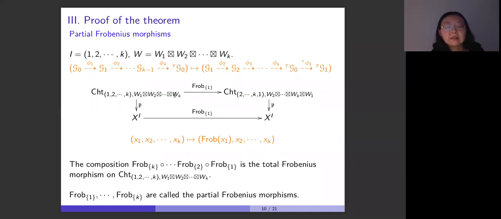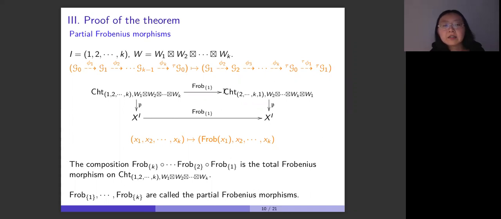We can send this stack of shtukas to a similar stack of shtukas which also has K legs, but the order of modification is a bit different.